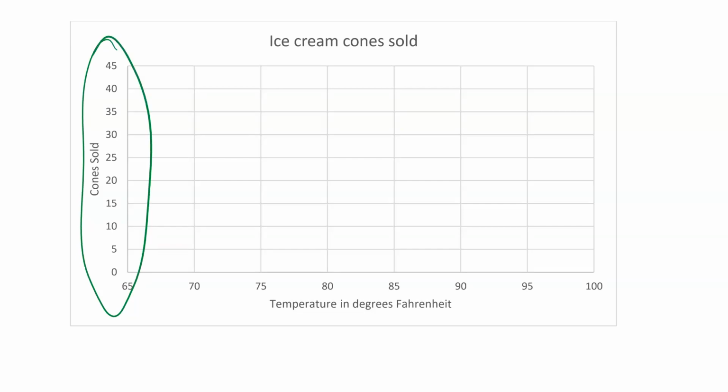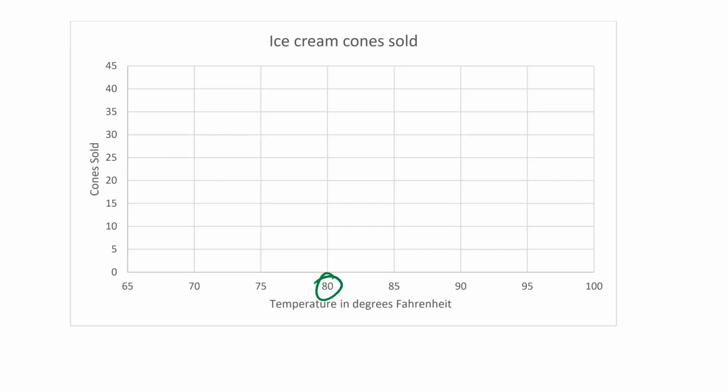That's just going to tell us how high we need to put the dot. And wherever those two intersect, that's where we put our point, and then we go on to the next one. So that first one was 80, 27. So we're going to start at 80, and it's 27, so we go up to about 27 and then put our first dot.